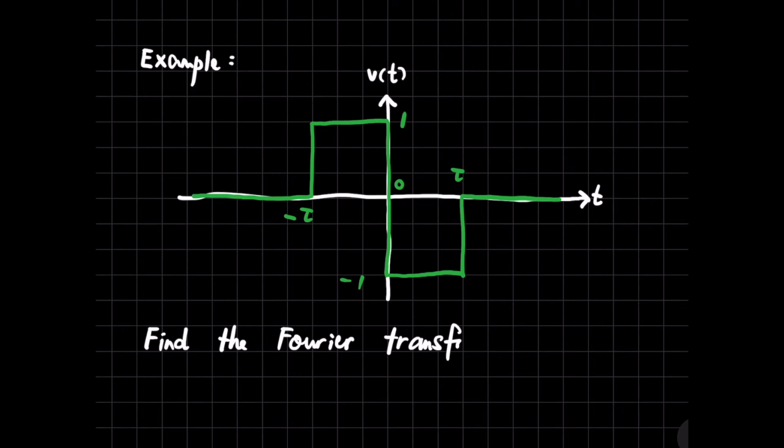This is the next example. Find the Fourier transform of v(t). In this case, the signal v(t) is different from the signal in the first example.